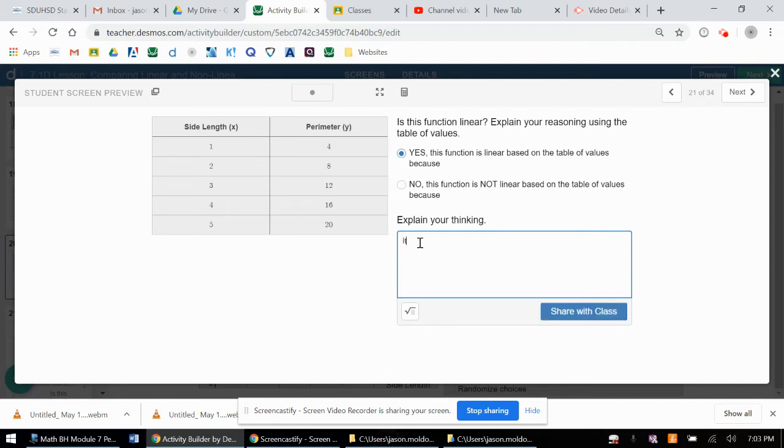And yes, this function is linear based on the table of values because there is a constant first difference: this goes up by 4 and up by 1. So this is a rate of 4.